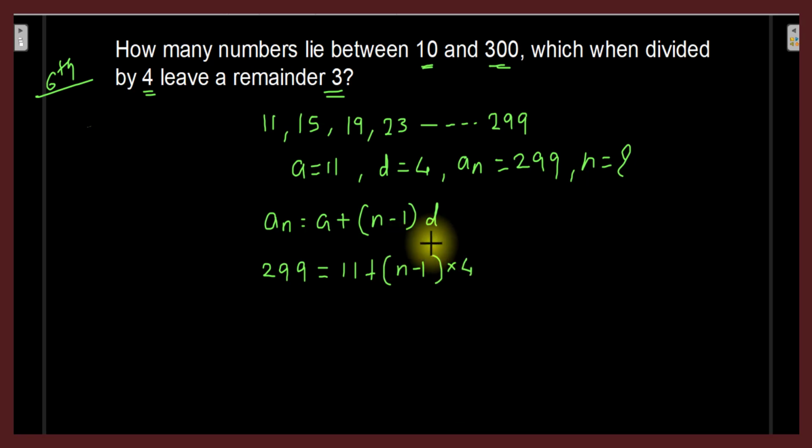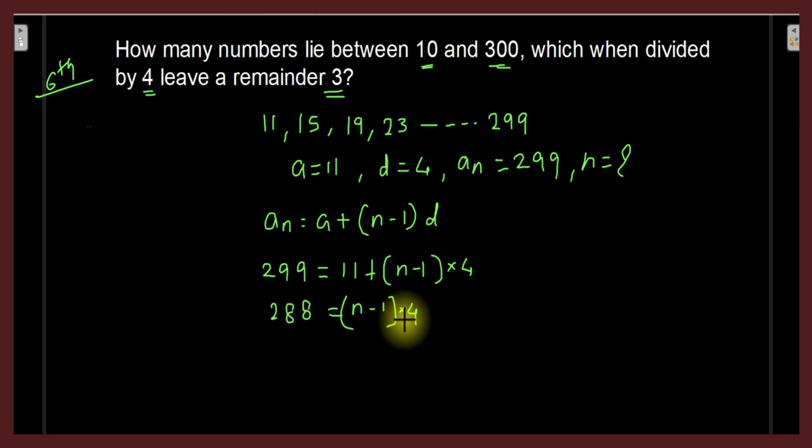Now take 11 to this side, so it will be 299 minus 11, which is 288. So 288 is equal to (n minus 1) into 4.